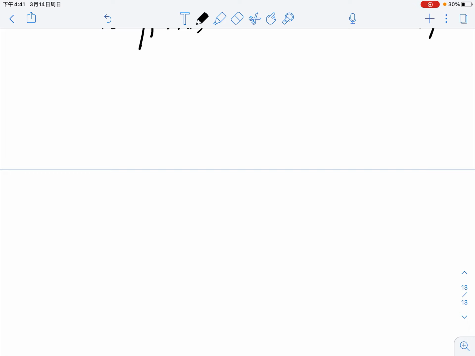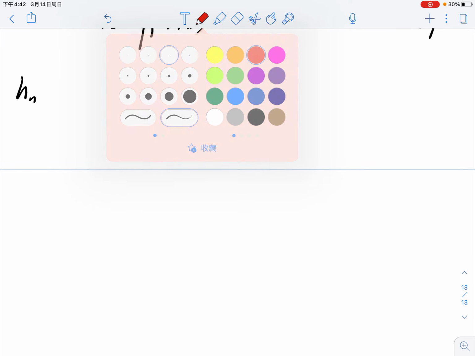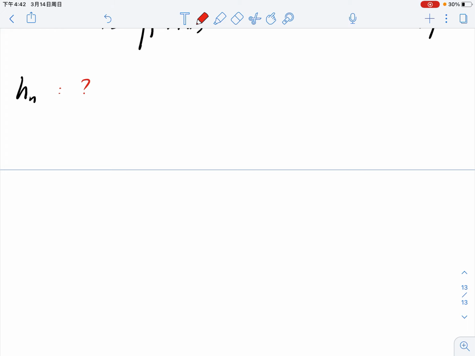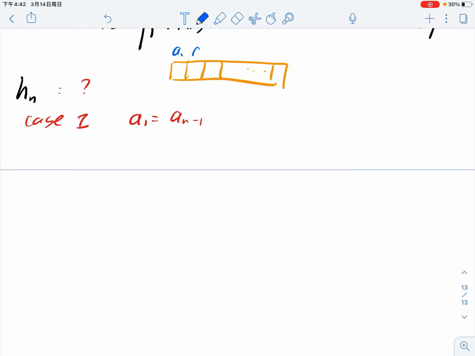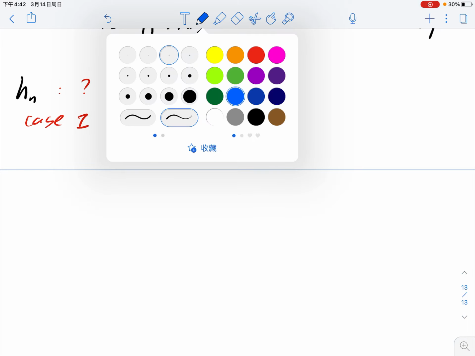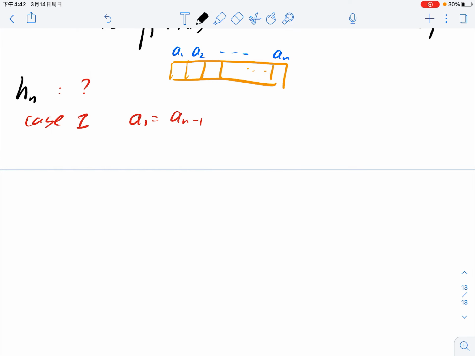And for higher cases, we look at that Hn can take the following form. So case 1, a1 is a(n-2). Let's still give some index for each position. a1 is a(n-1). Then what do you have?